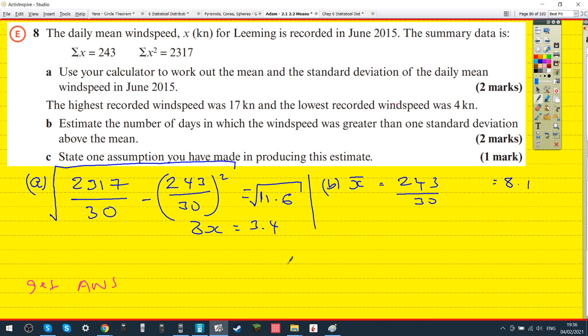Mean plus 1 standard deviation. So that means 8.1 plus 3.4, which is 11.5.